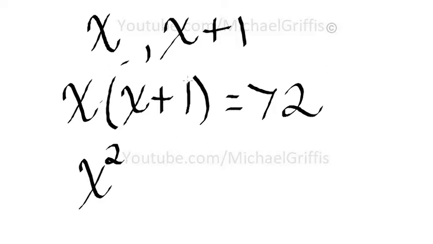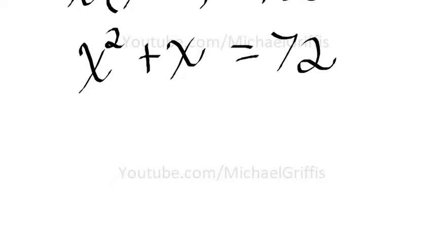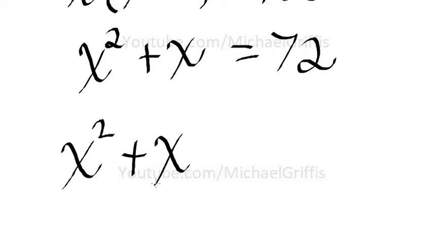And then x times 1, so plus x is equal to 72. Let's get this thing in that standard form that looks like a quadratic equation. x squared plus x. Bringing the 72 over makes it a minus 72.